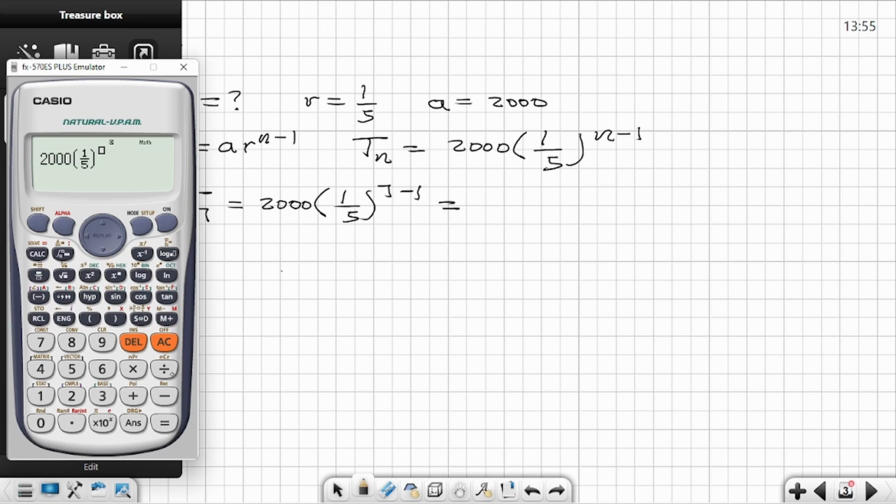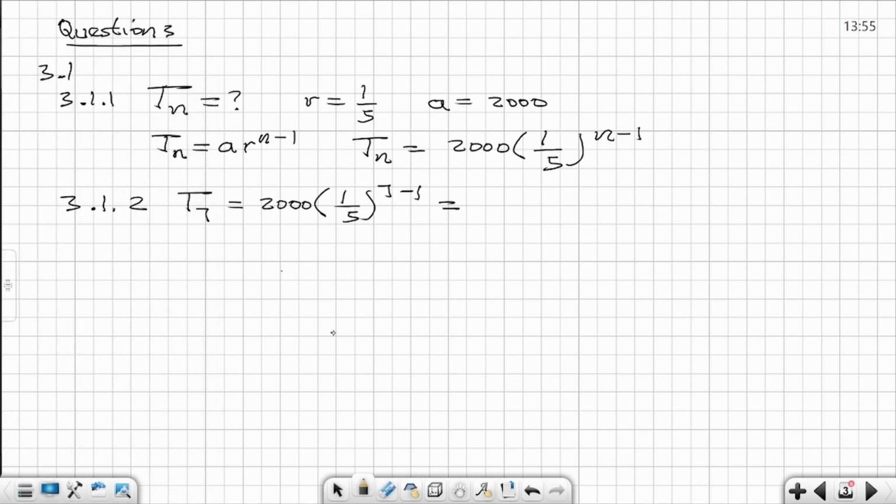You can see 7 minus 1, or you can just put 6. And the answer is 16 over 125. So the answer is 16 over 125. We're going to leave it as a fraction.